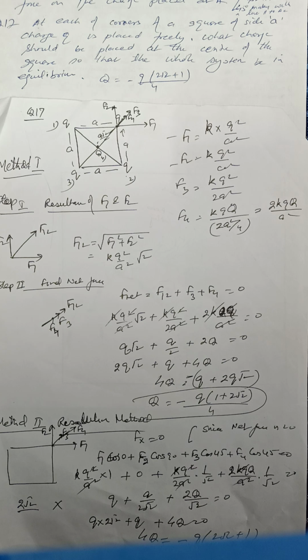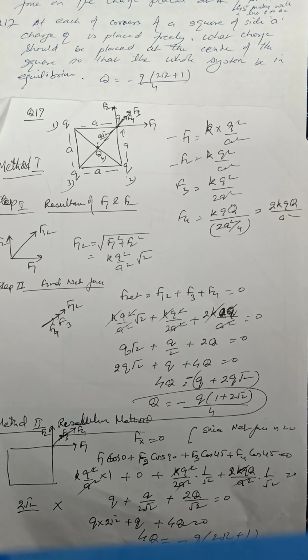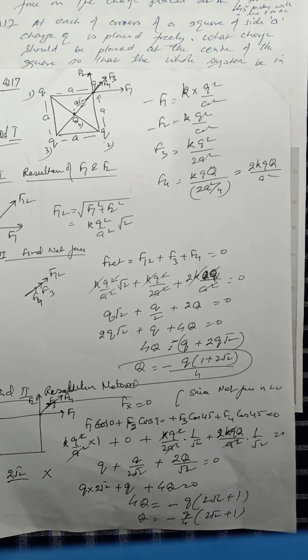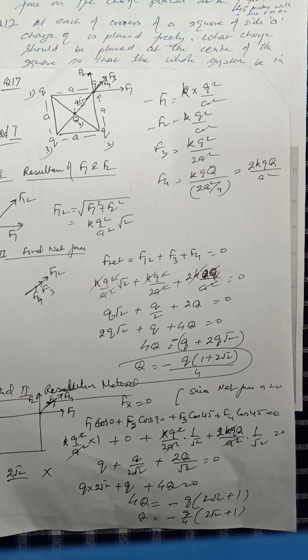F3 makes 45 degrees with the horizontal, so F3 cos 45 is the horizontal component. F4 is also making 45 degrees, F4 cos 45. The total is 0. Putting in the values of F1, F2, F3 and F4 from the top, and on solving we get capital Q equals minus q by 4 into (2 root 2 plus 1).